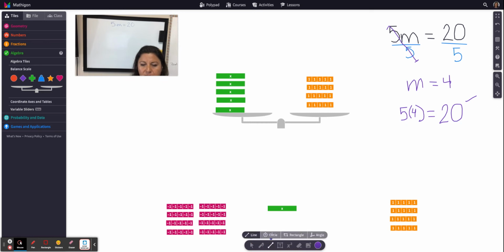So I like drawing lines to kind of help me stay organized. And keep my groups. So I know that I'm going to make 5 groups, and each one of them splits up my groups.